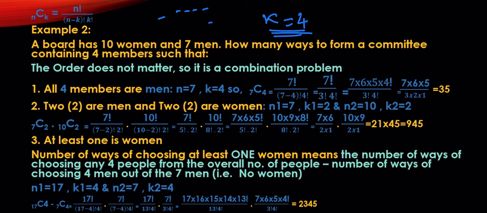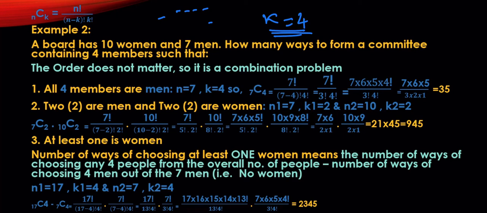Then I subtract from them the number of ways that this will not have a woman. Okay? What does it mean? Will not have a woman? That means the number of ways to select men only. We will not have any woman if all of them are men, right?